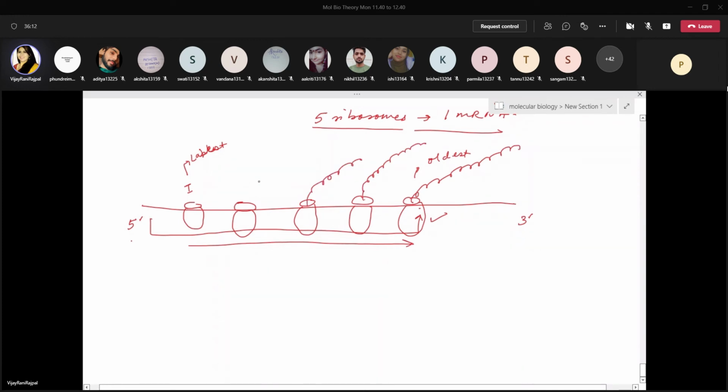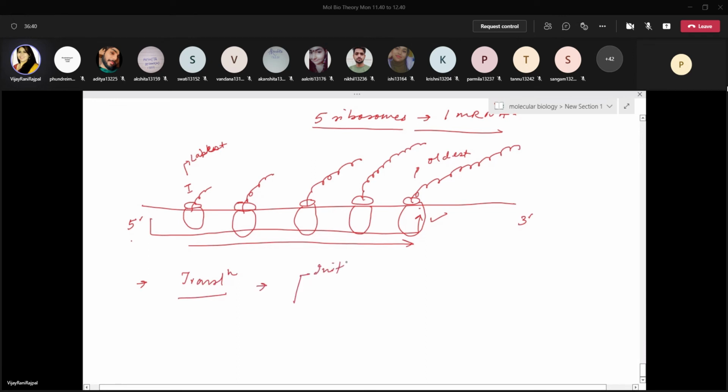This will be even shorter, and this has just begun. Understand? I hope it is understandable. Am I audible, students? Yes. All right. So with all these basic informations, we can start studying translation.